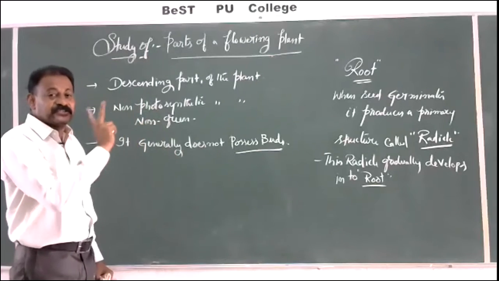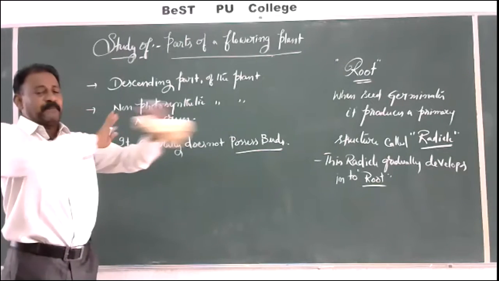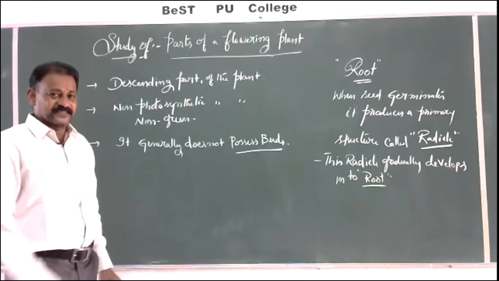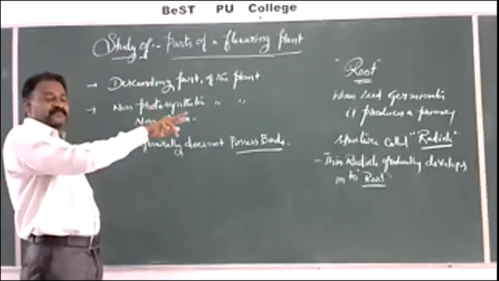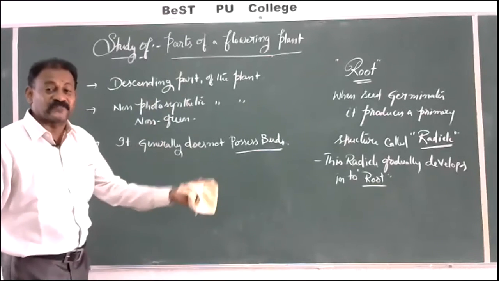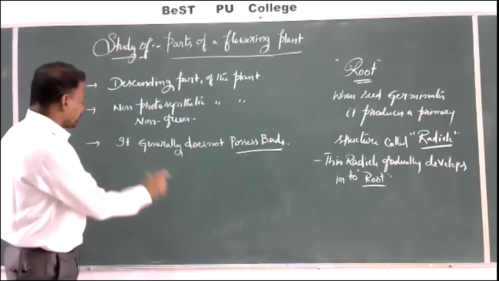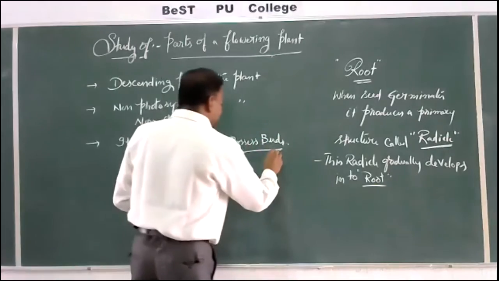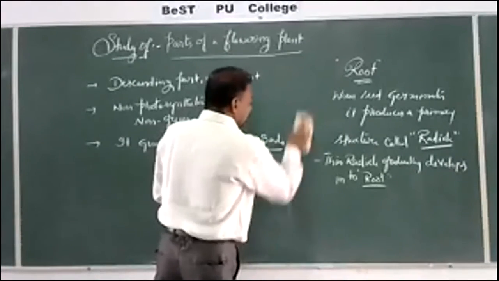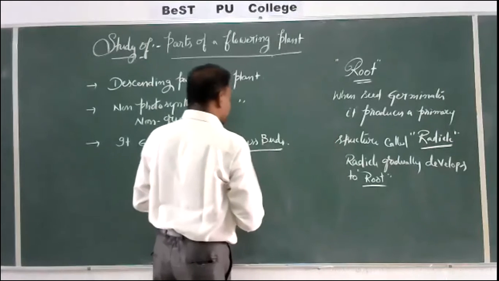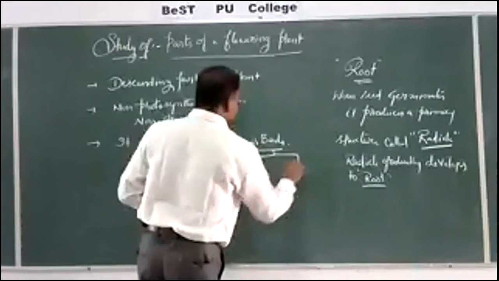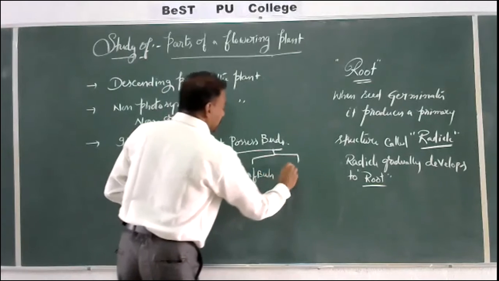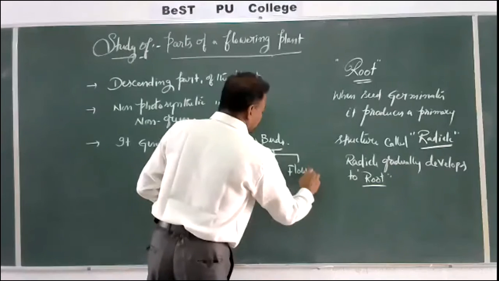In assertion reason type, statement type of question, "All plants do not possess buds at all" is a wrong statement. Some plants, some buds may be developed from the roots for vegetative propagation. So it generally does not possess buds. What are those buds? Floral buds, leaf buds. Leaf buds and flower buds.